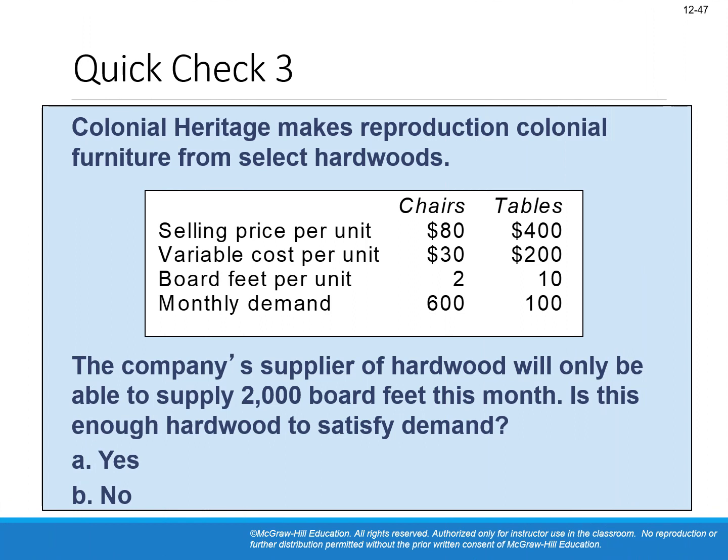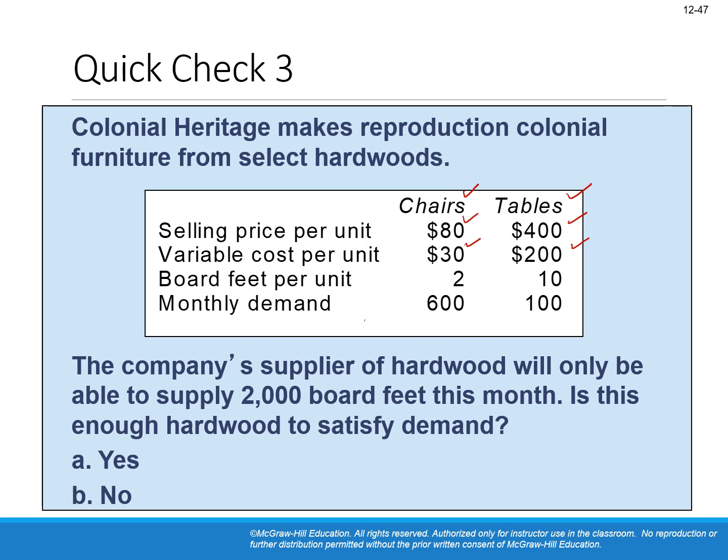Now, example. A company makes reproduction colonial furniture from select hardwoods. So they manufacture chairs and tables. The selling price per chair is $80 and the selling price of a table is $400. Variable cost per unit is $30 per chair and $200 per table.